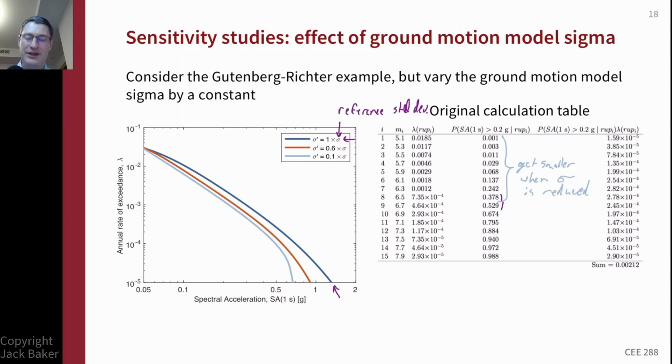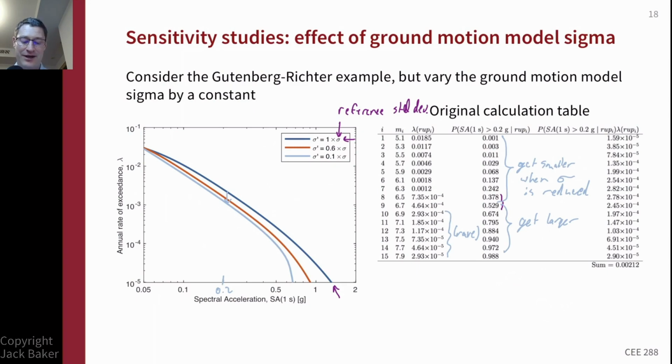So if I have less variability in my ground motion model, I'm going to predict smaller probabilities that those small magnitude events could produce a big IM. The higher values are going to get bigger, but they're rare, right? The rates of occurrence are pretty small. And so the overall effect is, if I come back over to 0.2 G on the left-hand side, my ground motion hazard goes down when my standard deviation of my ground motion model goes down, okay?